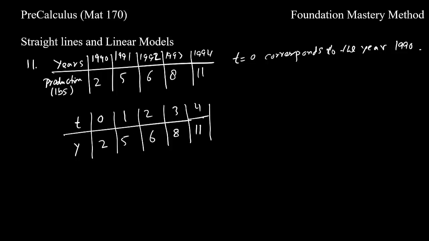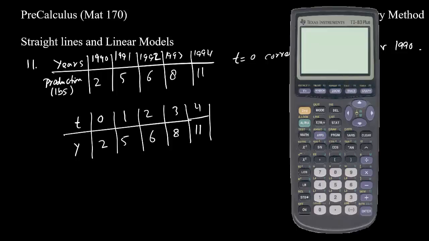Now I take the TI calculator and show you how to make the plot, check the linear model, and find the best fit. We need to do the following steps. First you go to stat and then hit 1 for edit. If you have some information already there, you can clear it: clear, enter.